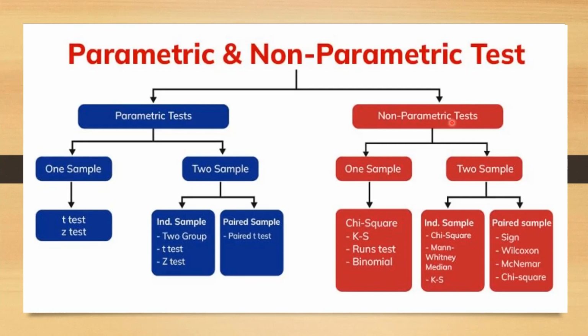Parametric test is a kind of test where normality is usually assumed. In other words, if I plot a graph of my data, it should form a bell shape. That's the parametric test.